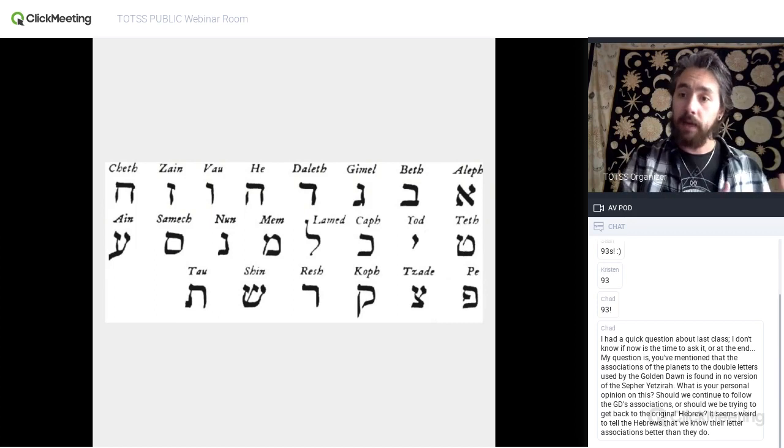But they're taking these Greek correspondences and adapting them to Hebrew. So if you really want to trace back to an original, maybe you'd have to go back to Greek. And there are people who are doing that. Nick Farrell has written on his blog about trying to go back to some of the Greek Kabbalah, though he still uses Hebrew Kabbalah as well.